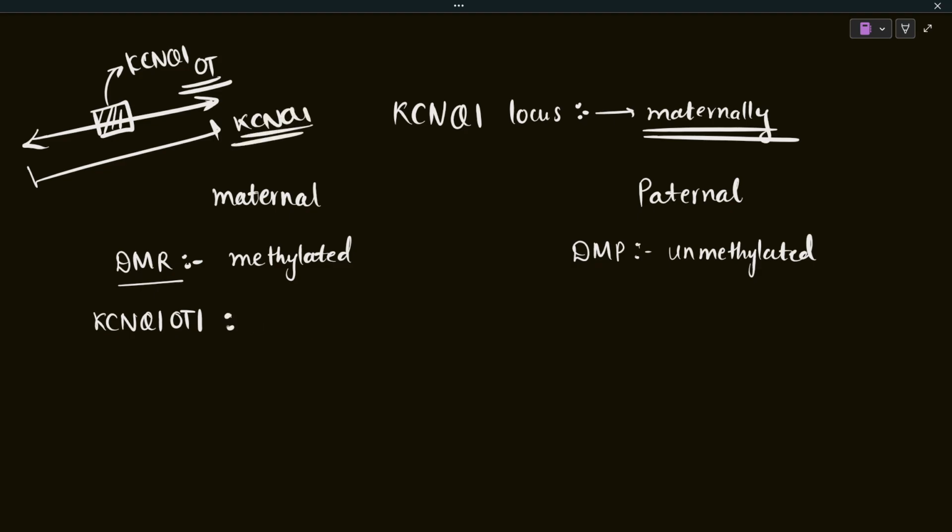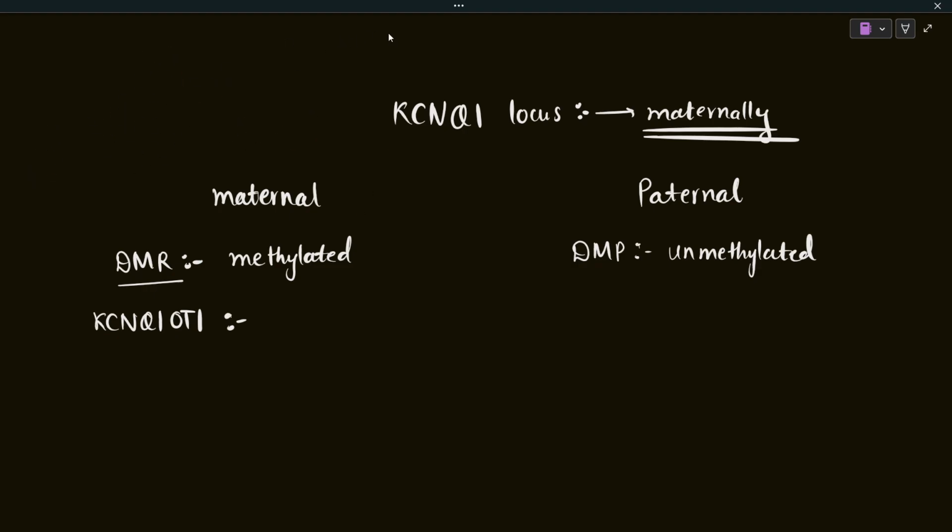This long non-coding RNA will not be produced in the maternal copy, because the DMR which codes for it is methylated, so this will be absent, or not produced from the maternal allele.